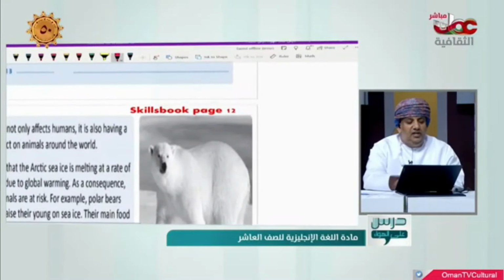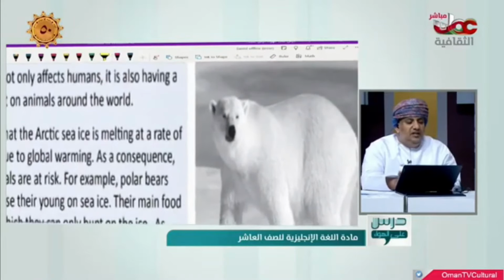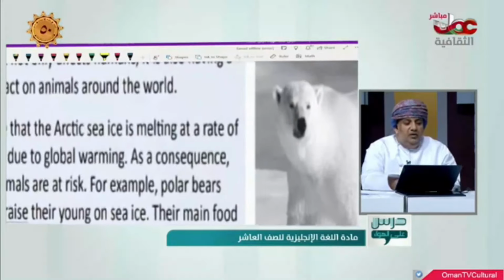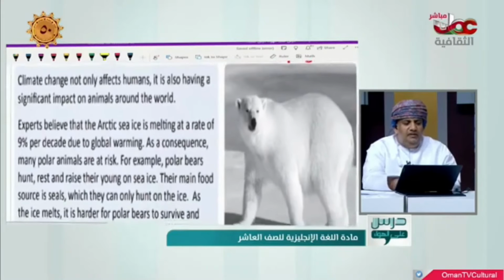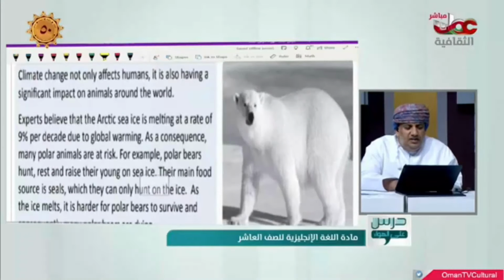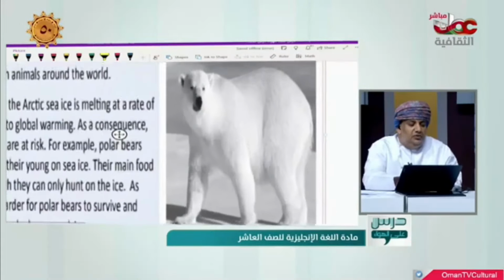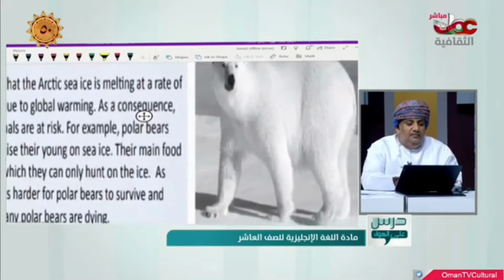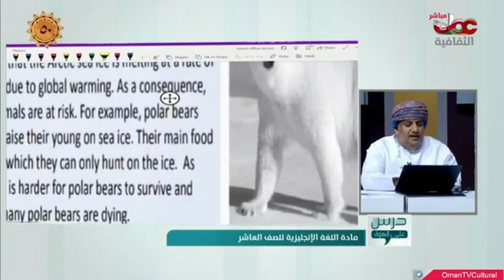Now, climate change not only affects humans. It's also having a significant impact on animals around the world. Experts believe that the Arctic sea ice is melting at a rate of 9% per decade due to global warming. As a consequence, many polar bears are at risk.